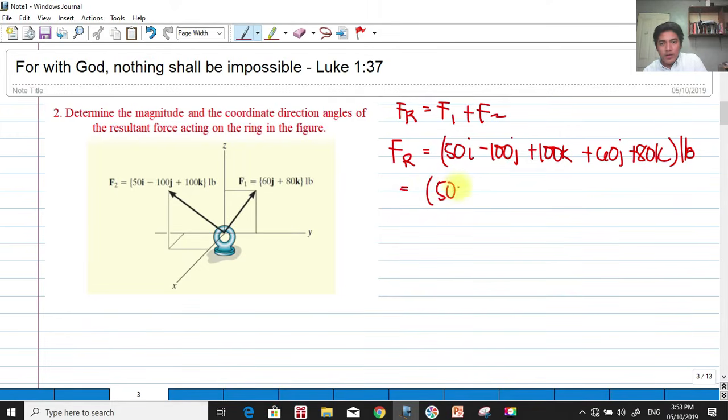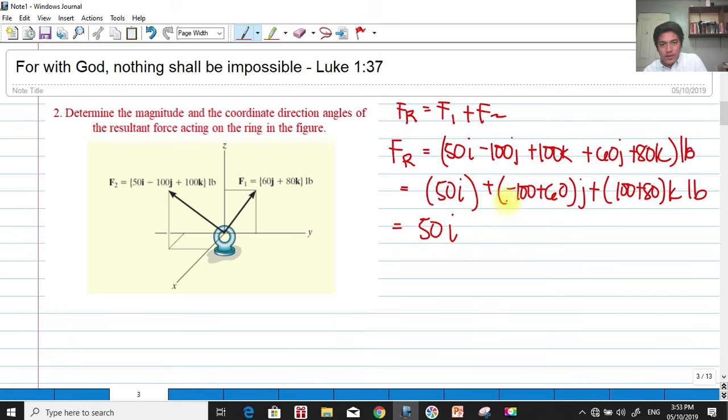We have 50 I, and no I component for the second vector, plus we have negative 100 plus 60 J, and lastly we have 100 plus 80 K. So our answer should be 50I minus 40J plus 180K pounds. That is our resultant.